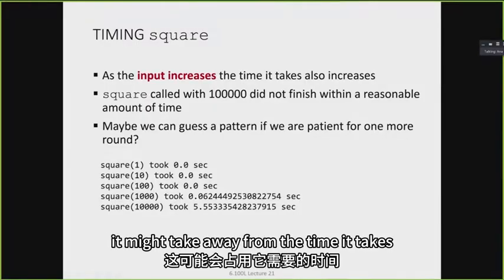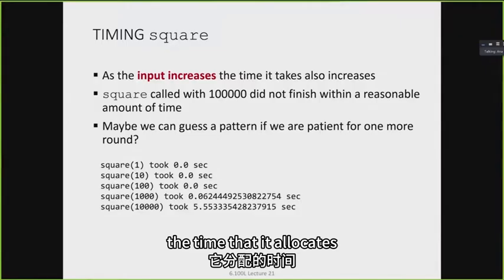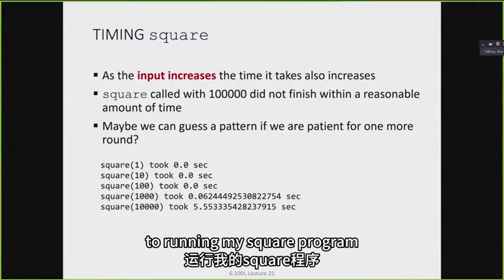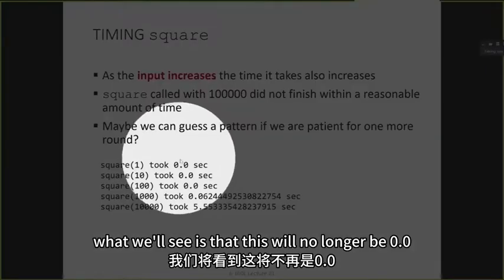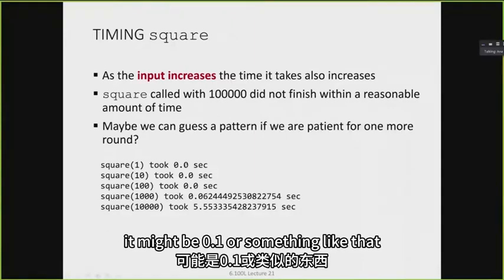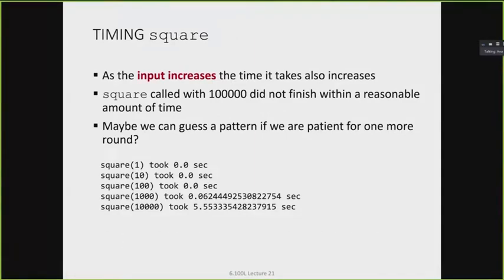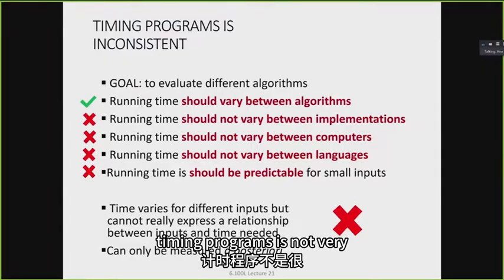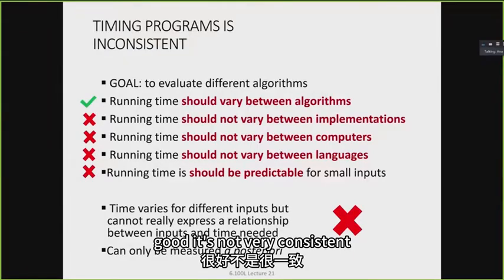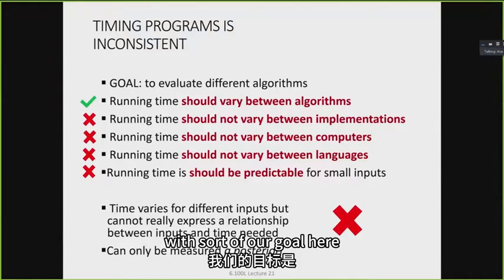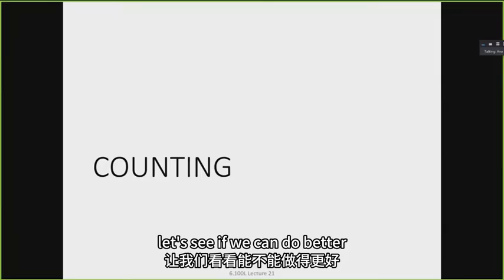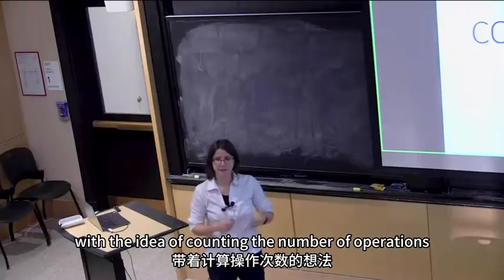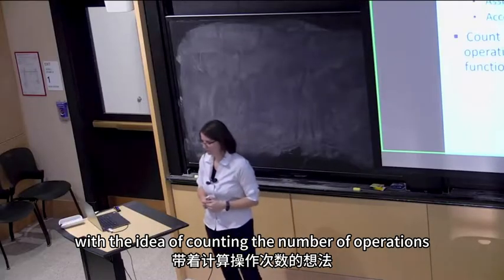It might be 0.1 or something like that. So timing programs is not very consistent with our goal here, which is to evaluate algorithms. All right. Let's see if we can do better with the idea of counting the number of operations.